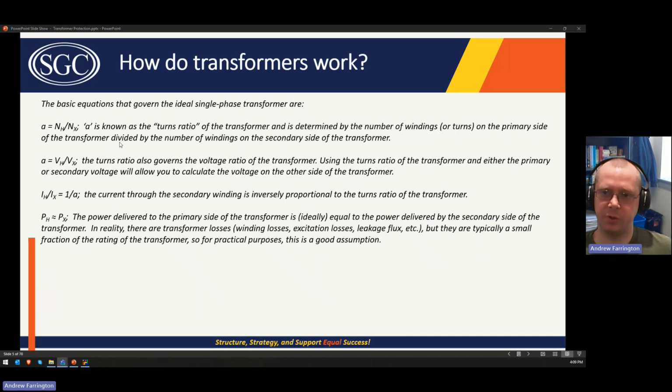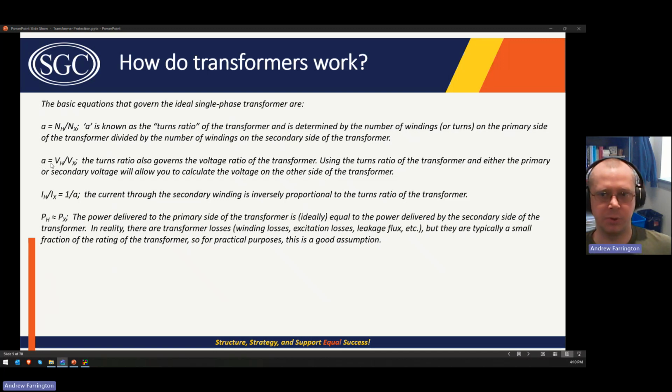The operation of the transformer has some basic characteristics, and we're going to cover these briefly. A is the turns ratio, which is equal to the number of turns on the high voltage winding divided by the number of turns on the low voltage winding.